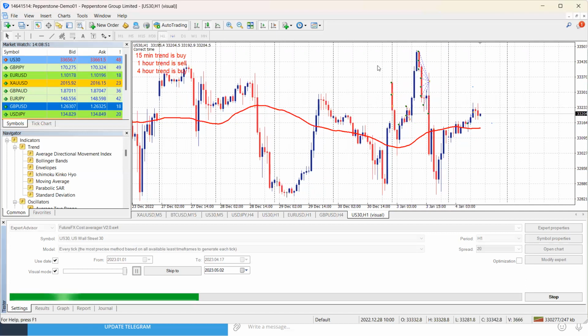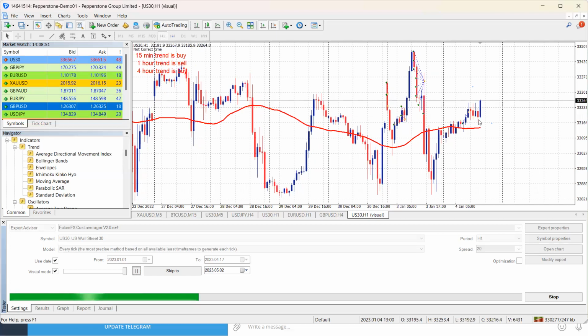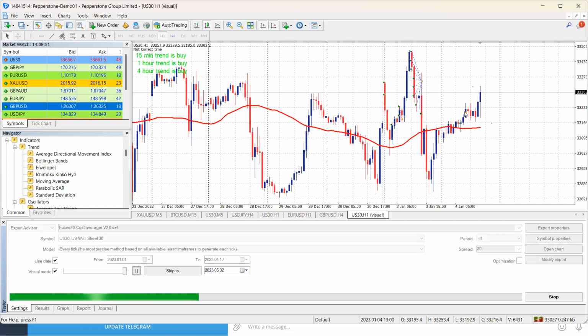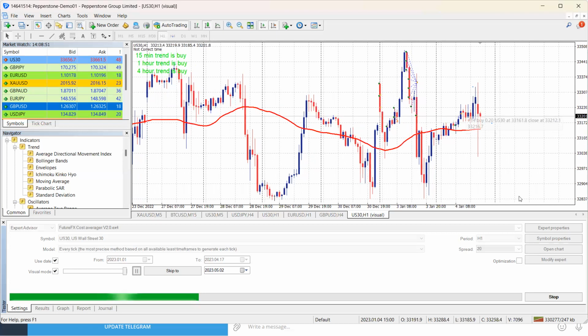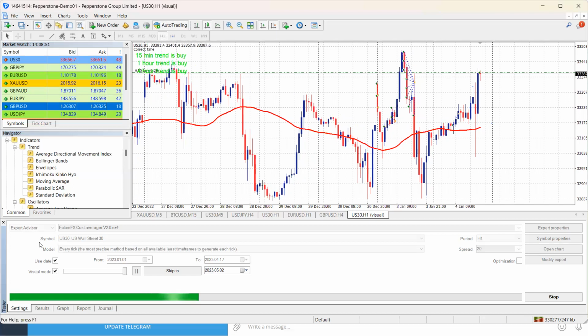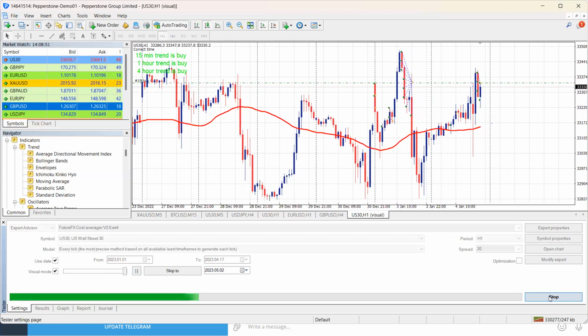And it's only aiming for little tiny profits. So every time it closes out the trade, I think it's $10 or $15 profit. But we can go through it a bit quicker. That's just to see how it works.